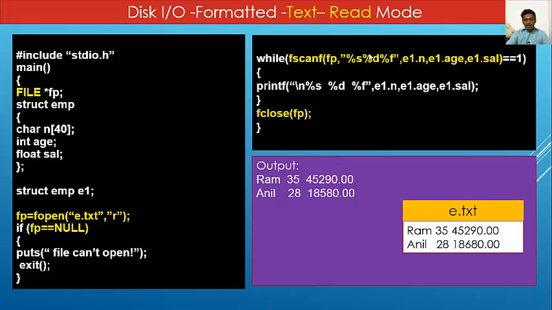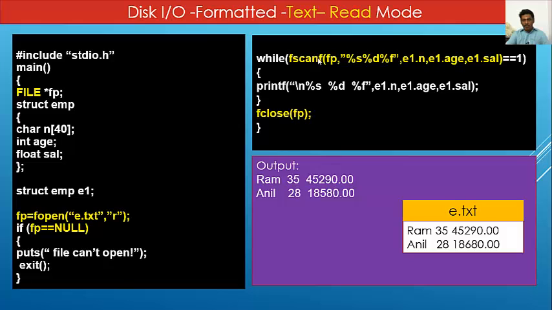This is also similar to the scanf function. There is only one difference. The first argument is the file structure pointer variable, fp. The other rules are the same as the scanf function. Then we put the format string because we access string, integer, float. Here we put %s, %d, %f. We give e1.n, e1.age and e1.sal.